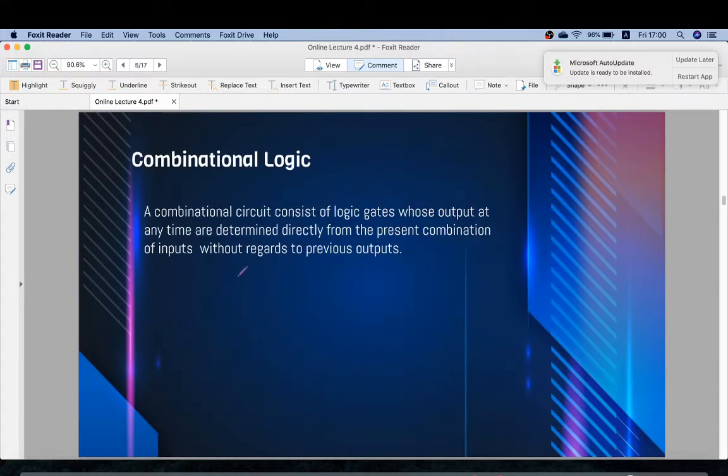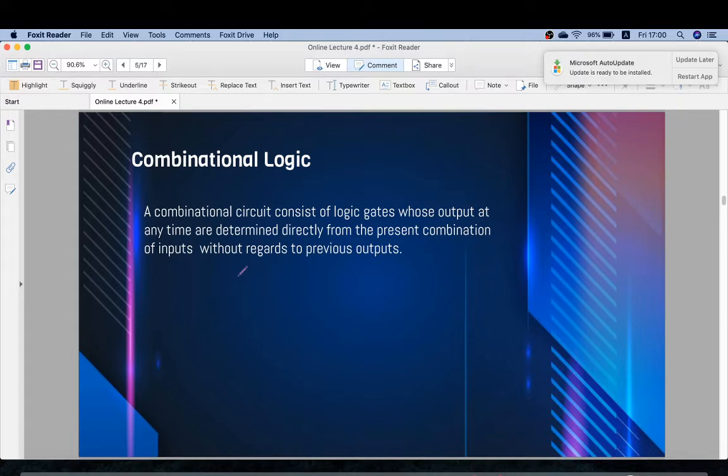So what is combinational logic? Let's start. A combinational circuit consists of logic gates whose output at any time is determined directly from the present combination of inputs without regard to previous output.